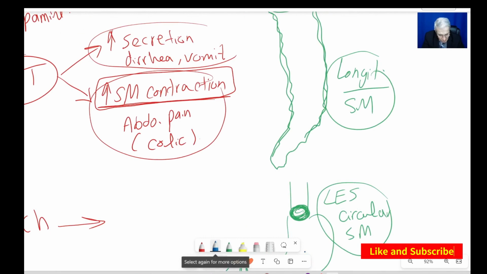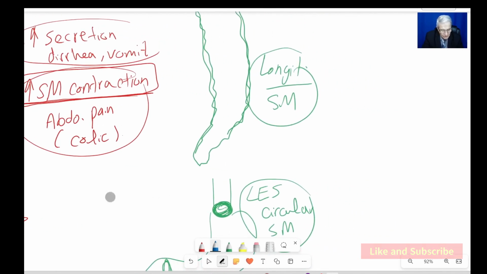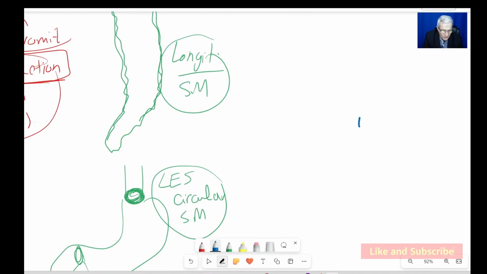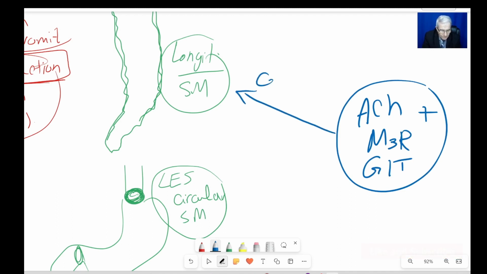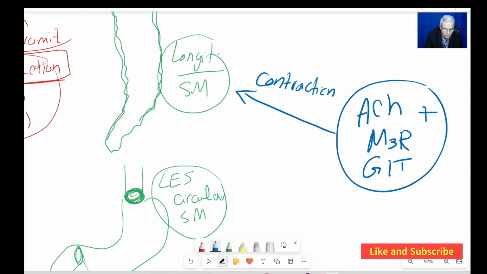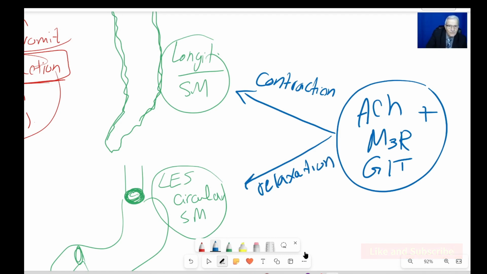Does that mean anything for us? Yes, because if you activate acetylcholine, which activates the muscarinic receptor in the GI tract, the result will be contraction of longitudinal smooth muscles and relaxation of circular smooth muscle, relaxation of the sphincter.